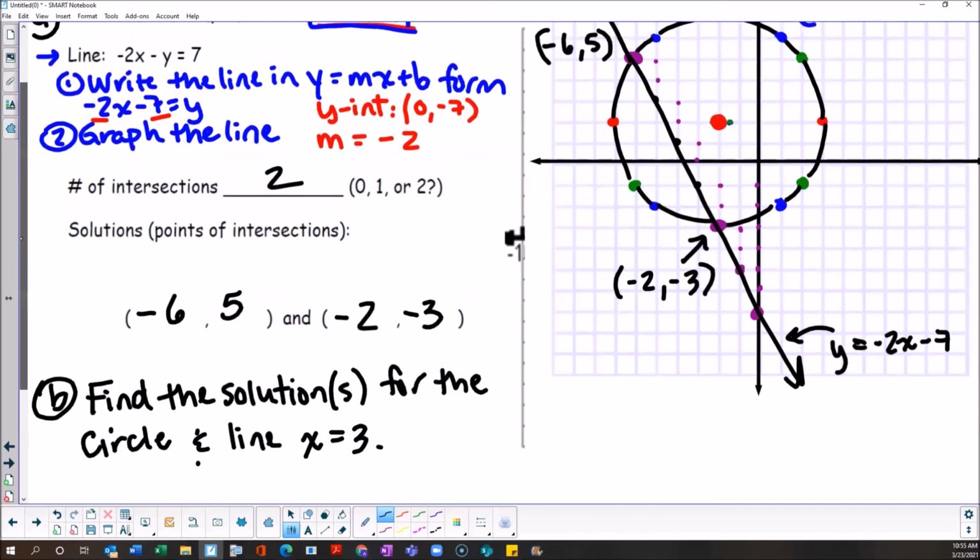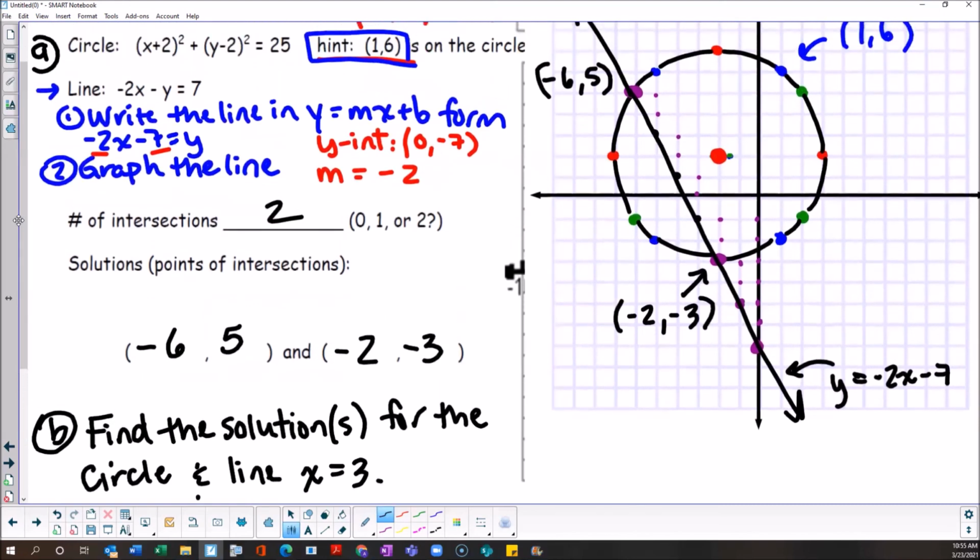So let's look at our graph. What does x equals 3 look like? A vertical line at x equals 3, right? So our 1, 2, 3, and there's my x equals 3.